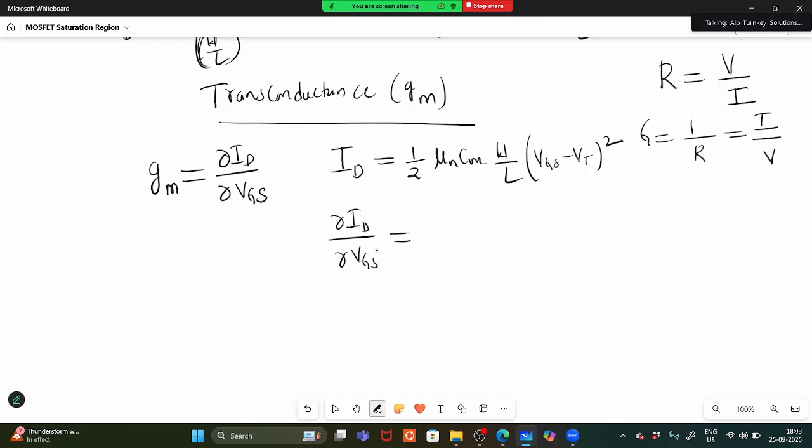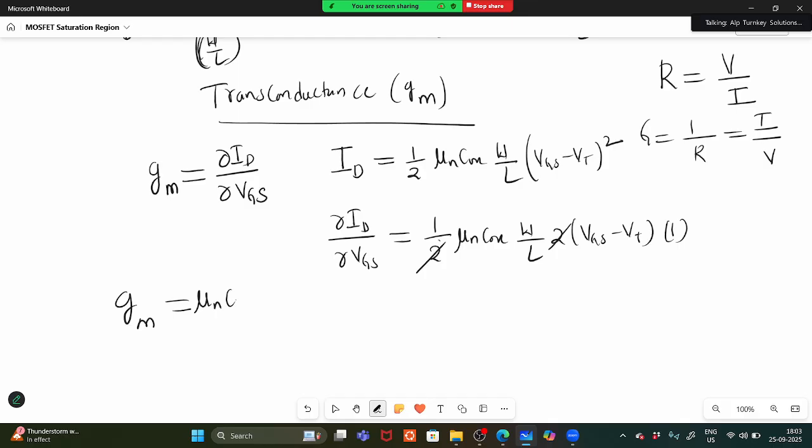So 1 by 2 mu n Cox W by L 2 into (Vgs minus Vt). Differentiation of Vgs is 1 only, so the 2s get cancelled. So gm equals mu n Cox W by L (Vgs minus Vt).